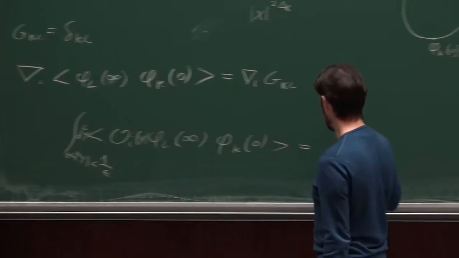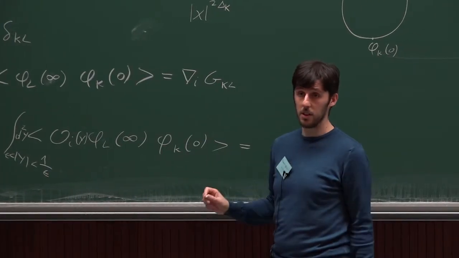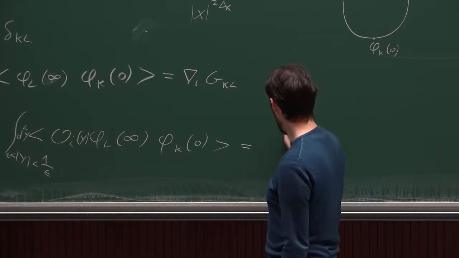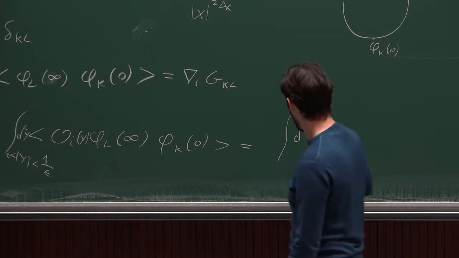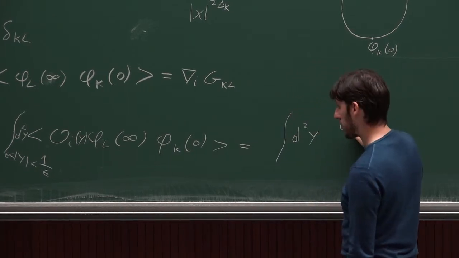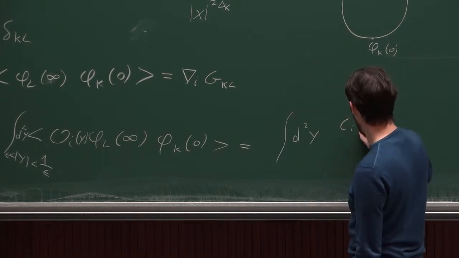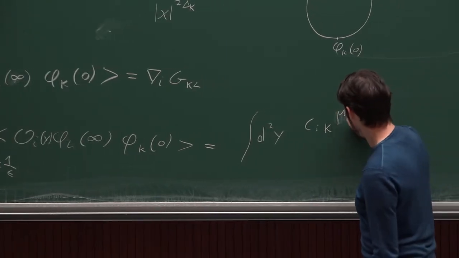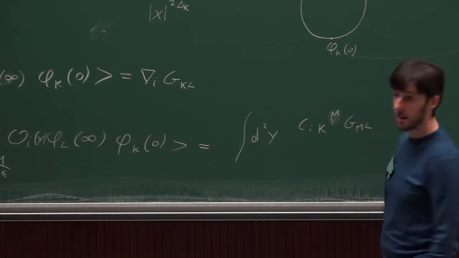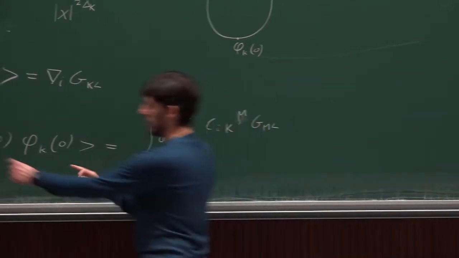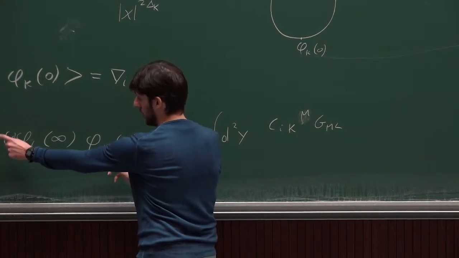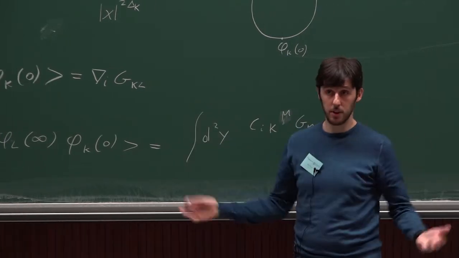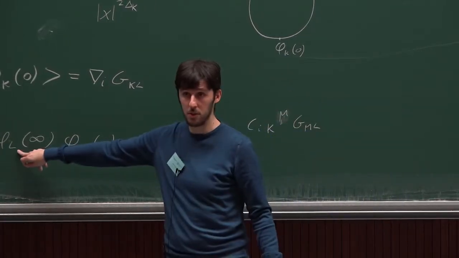And you know how the integral looks like, right? You studied it in the previous days. So this is just the structure constant coefficient, C_ik^L, times g_ML. I take the OPE of the operator O_y with phi_k. This gives me a sum over all the operators in the theory, and in the end I have to contract it with phi_L.